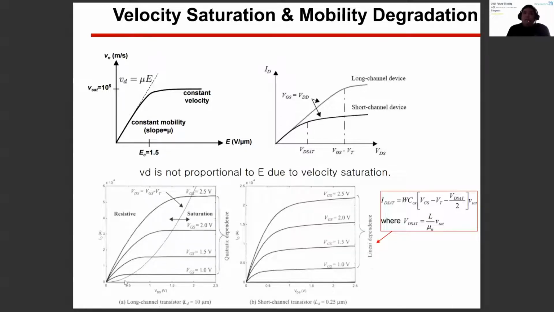In long channel devices, the current saturation looks like a second order function.